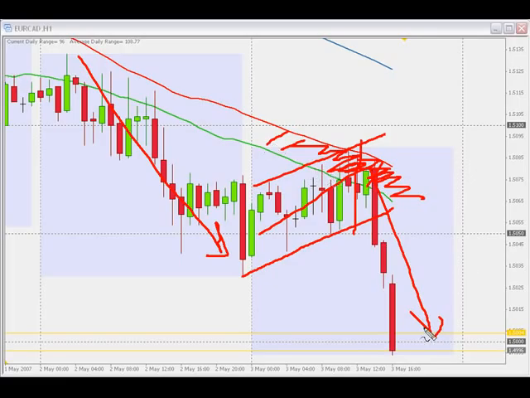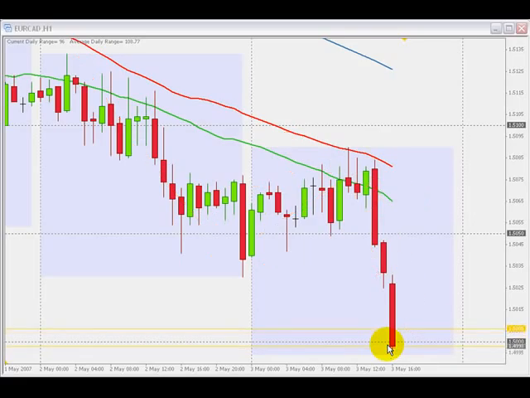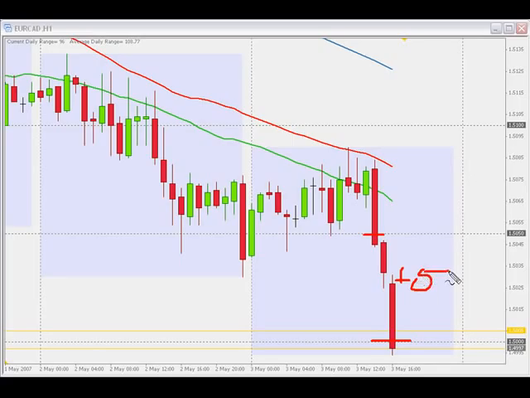Quite an easy trade, I mean, stress-free, a few hours. It's run from 1.5050 to 1.5000. I mean, plus 50 pips within 1 to 3 hours.